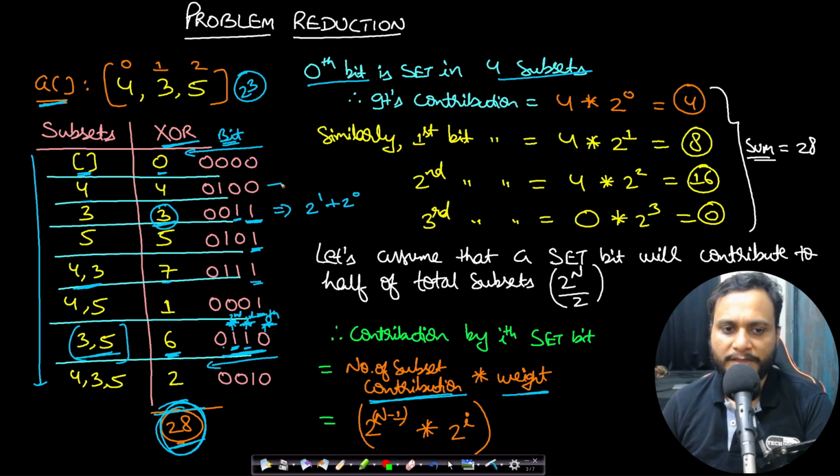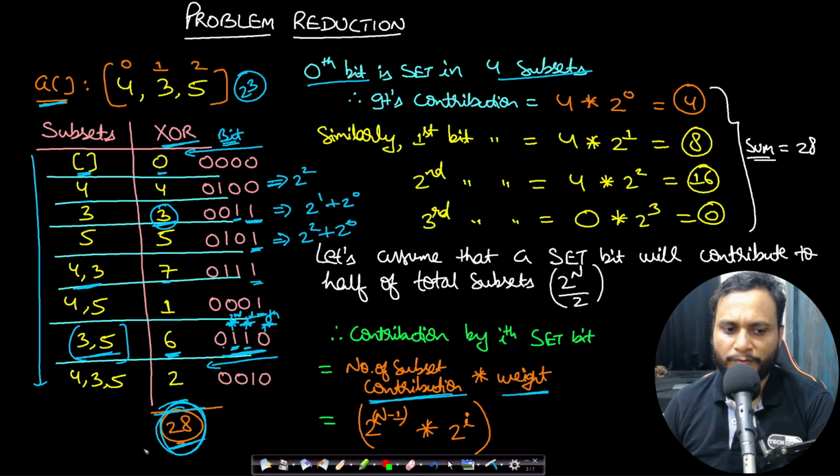So you can always represent all these numbers as a sum of powers of 2, and that is why taking the XOR sum is equivalent to adding each bit's contribution. Each bit's contribution, you just add it up, it will be the same as the XOR sum, right? It is always true.